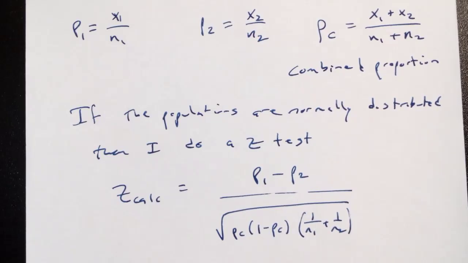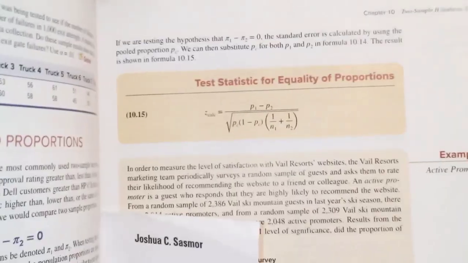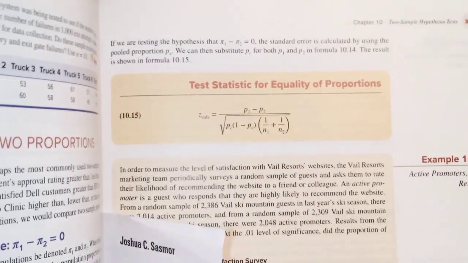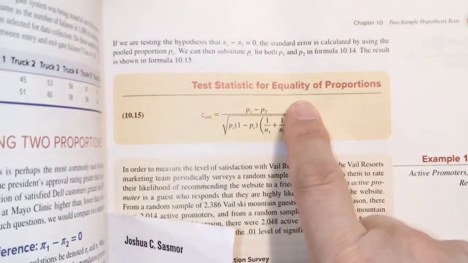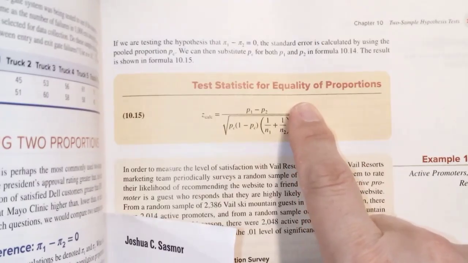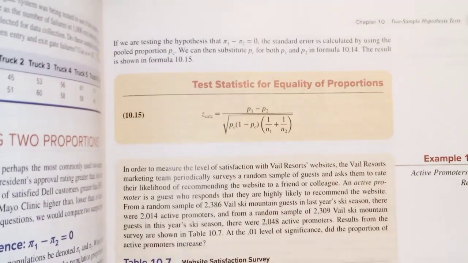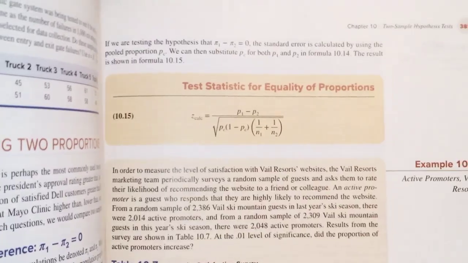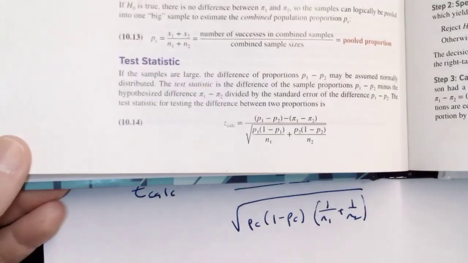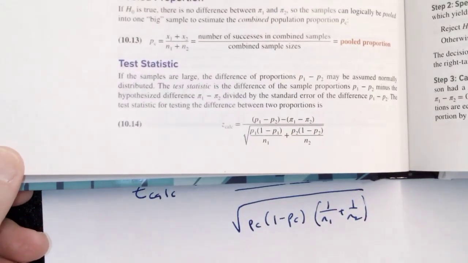In the textbook, there's this formula, which again assumes that our proportions should be equal here. If it isn't, then we would use a very different looking formula with unpooled variances.